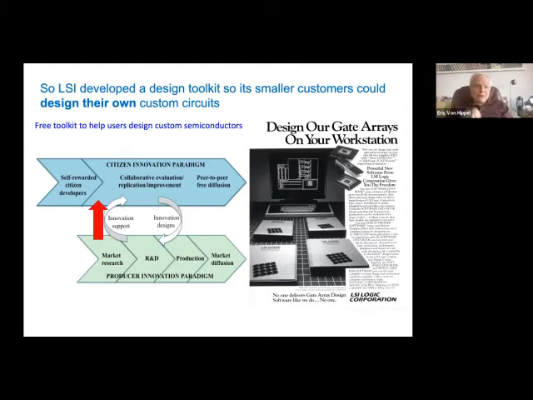Now, why would a customer want to do that? It turned out they really did, because they really could not express exactly what they wanted to the manufacturer in the first place. So very often they would ask for something, it would be manufactured to their spec, and then it would be wrong. So they wanted a toolkit to actually work within their own environment and then come up with exactly the right product before even manufacturing it.